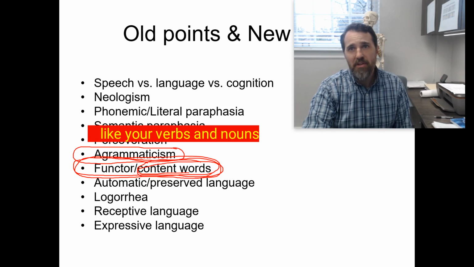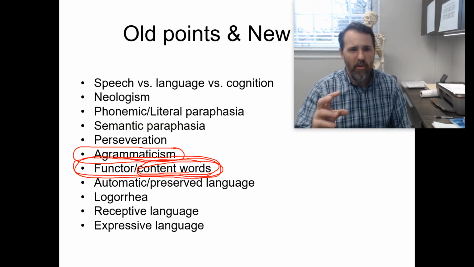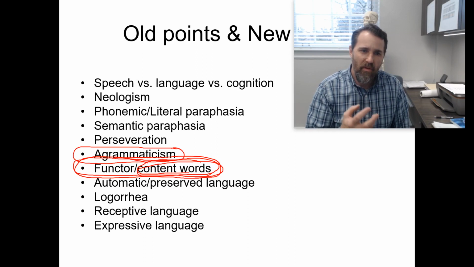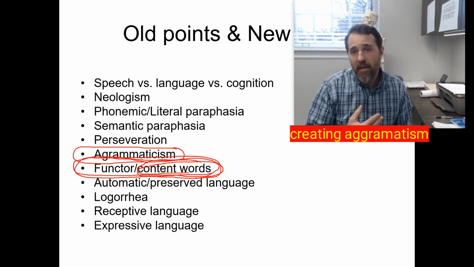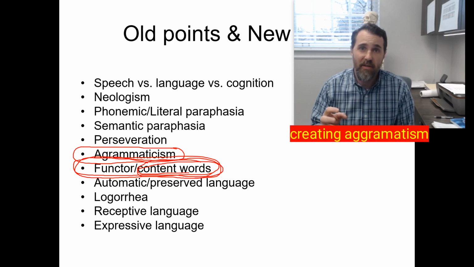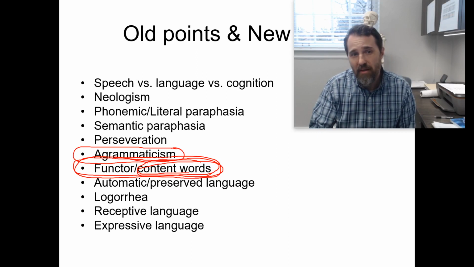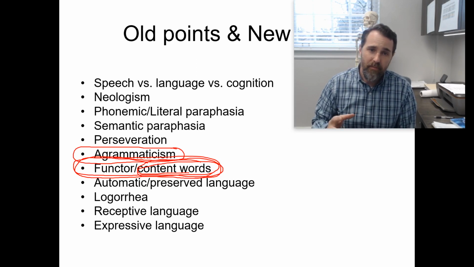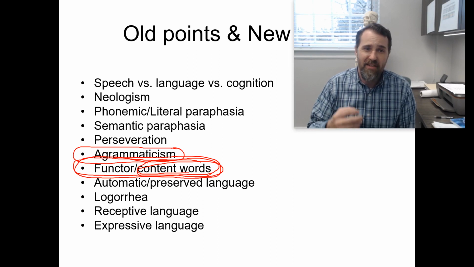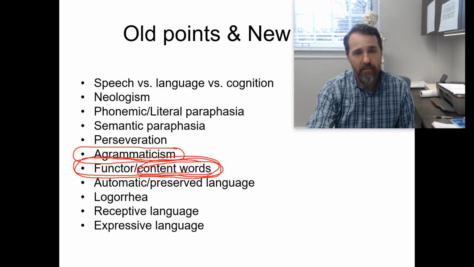So people with aphasia struggle with having the appropriate functor words within their utterances. Oftentimes they're very good at producing content words, and a great deal of meaning is communicated within the content words. So it's possible for someone with aphasia to be an effective communicator, but still be very agrammatic.